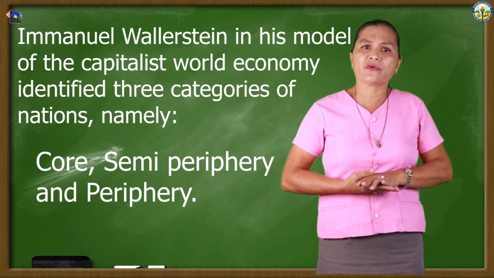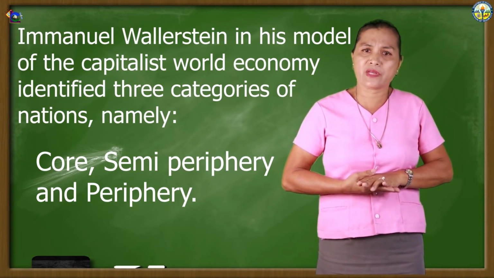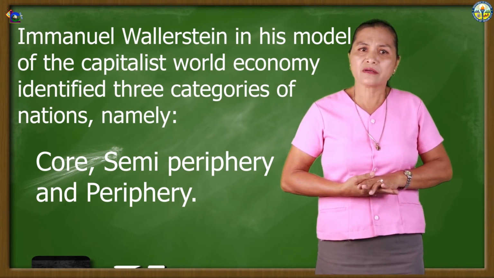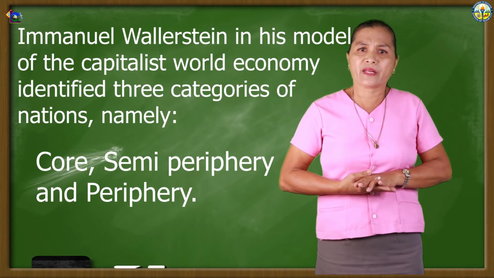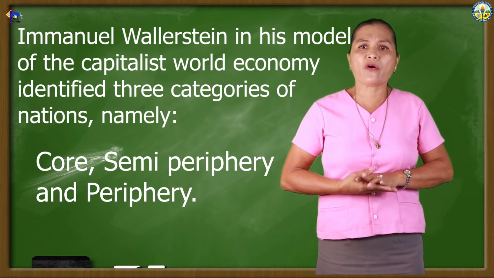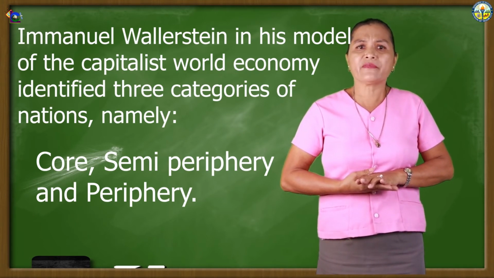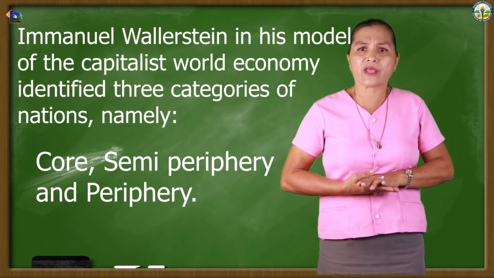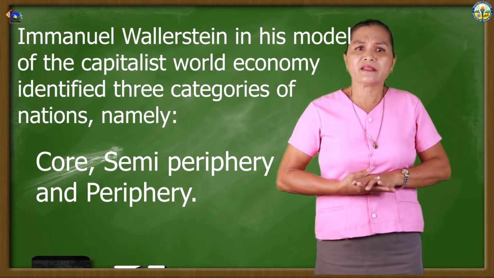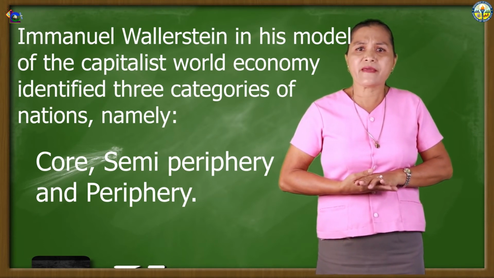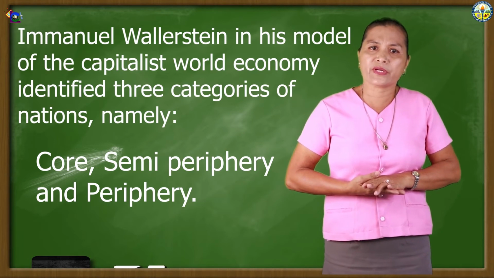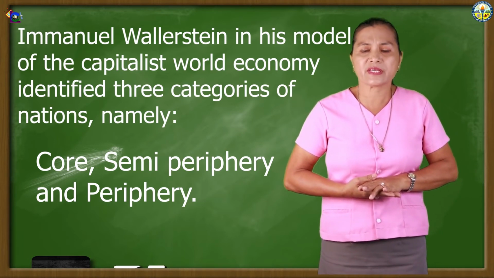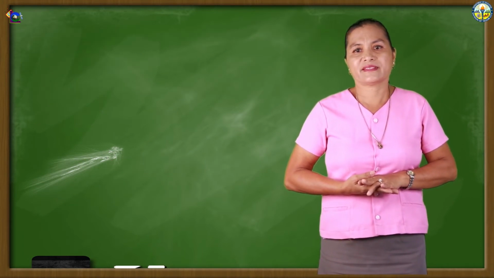identified three categories of nations, namely core, semi-periphery, and periphery. Moreover, Andre Gunder Frank's dependency theory argues that countries in the periphery must cut the umbilical cord that connects them to the center if they were to become developed countries themselves.